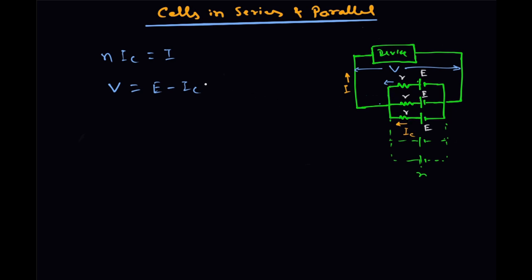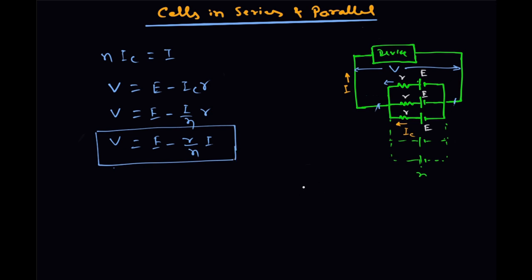Or otherwise we can write V is equal to E minus IC into R, where IC is equal to I over N. So you can write it as E minus R over N multiplied with I. So V, the voltage across the terminals of this battery, is equal to E minus R divided by N times I. From this formula we can say that this arrangement can be replaced by the same device, and this is the resistance of the equivalent battery.